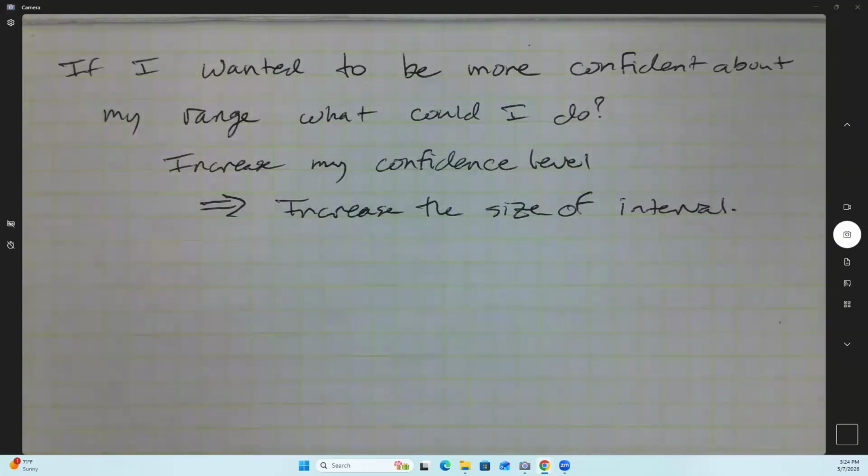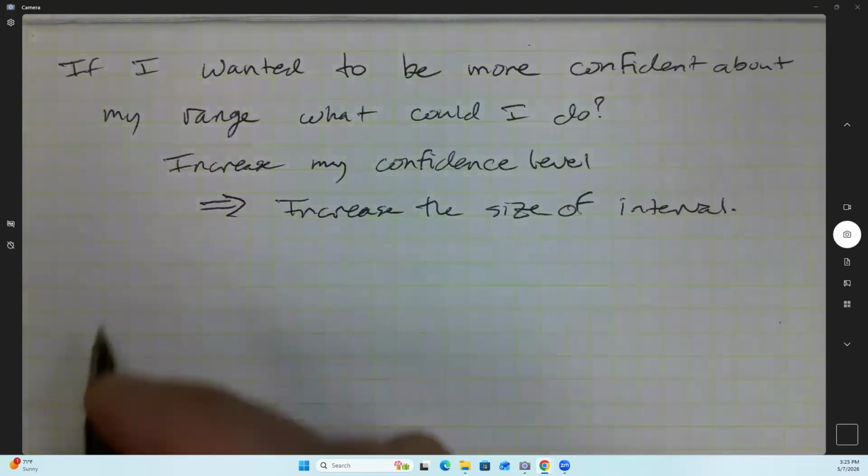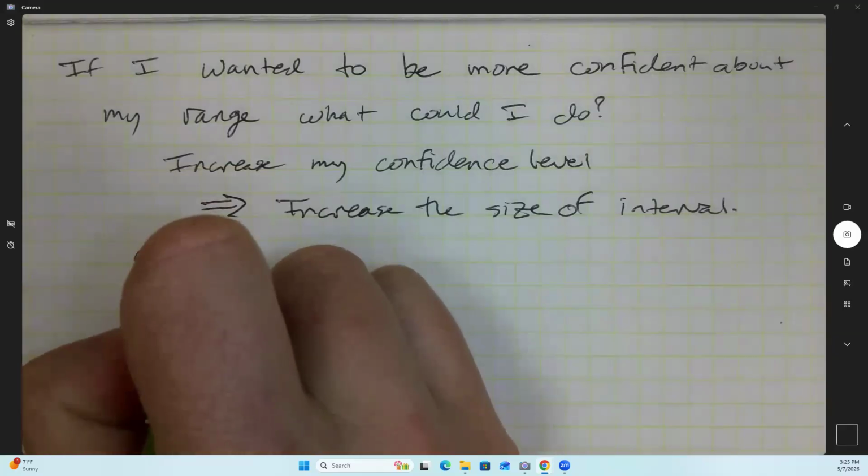There's something else we could do to be more confident about the range. Think back to the rule of 3. If you want to improve your statistics, you can always collect more data.